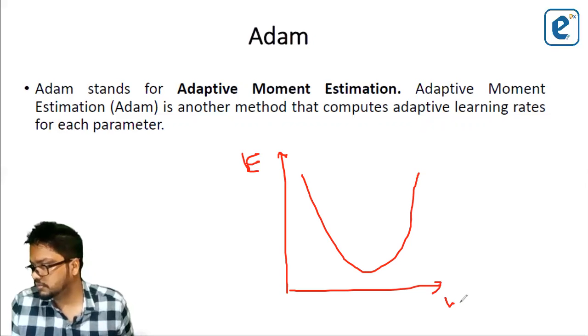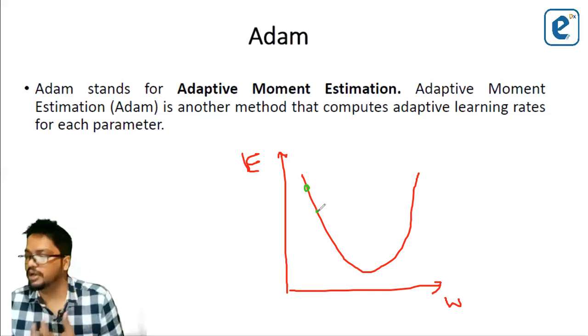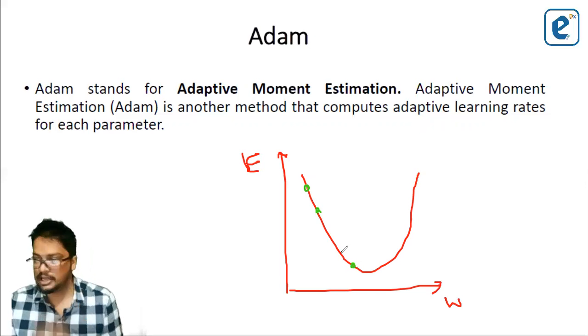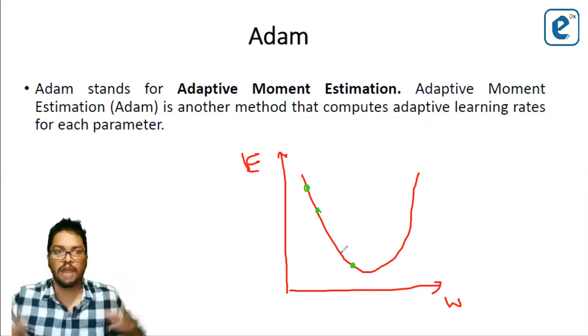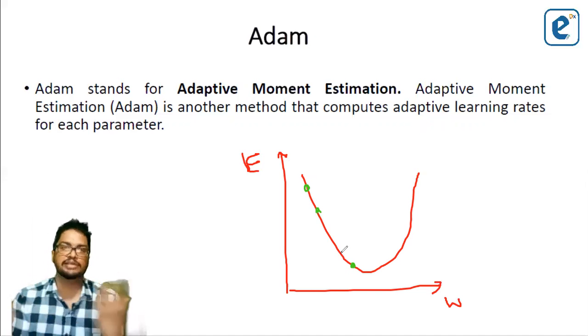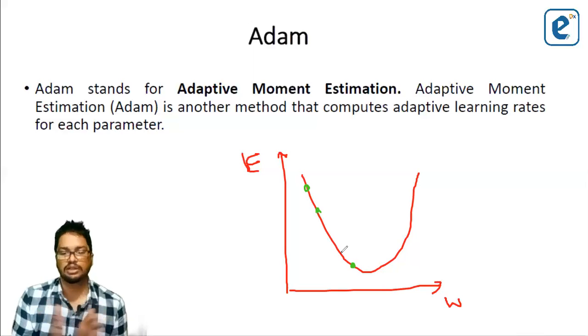So it's going to analyze the position. If it is here, it adjusts the learning rate accordingly. If it's here, adjust accordingly. Likewise, these adaptive optimizers adapt the learning rates and other parameters according to the situation. That's the usage of adaptive optimizers.